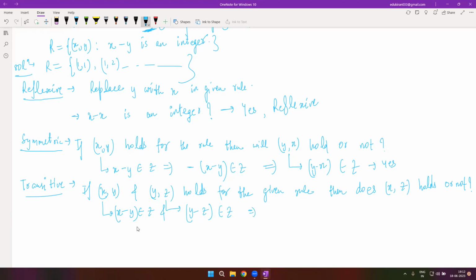Now, by adding both of them, this y gets cancelled out. So if I add them, I get x minus z, and that should also be an integer.